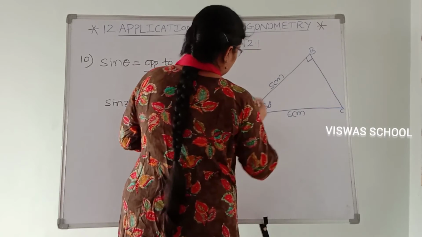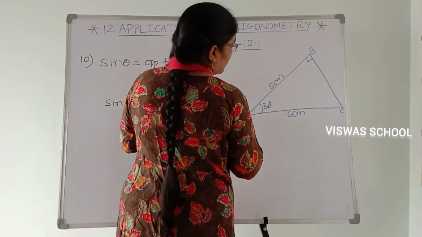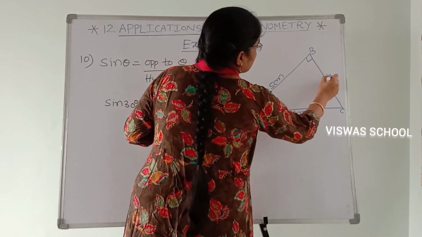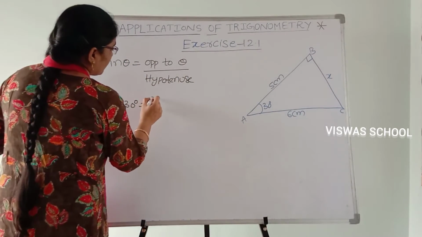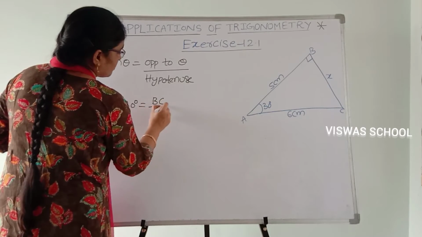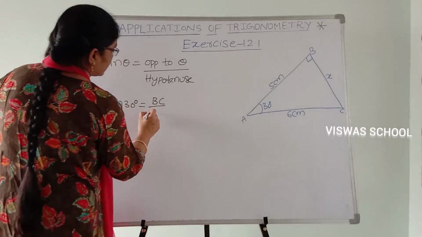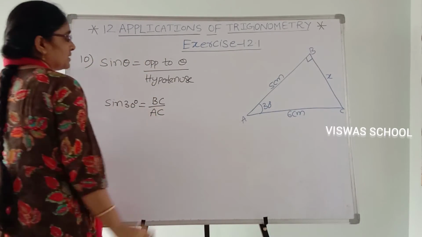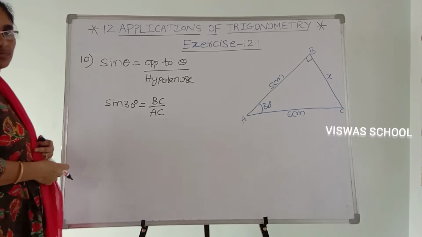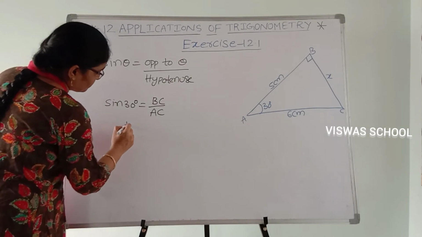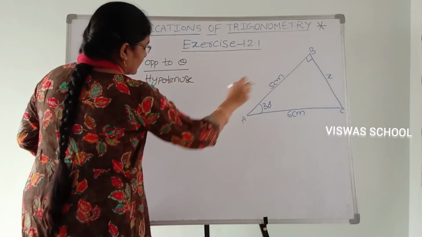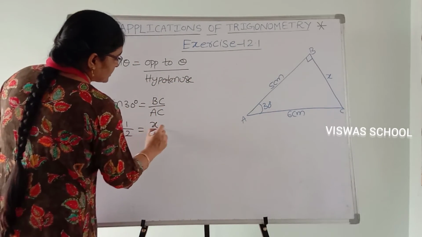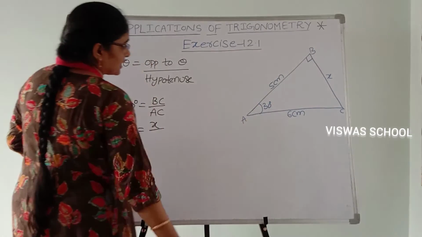Here I am taking the opposite side BC as x, for example. So sine 30 equals BC by AC. Now the sine 30 value is 1 by 2. So 1 by 2 equals x by 6, where BC is x and AC is 6 centimeters.